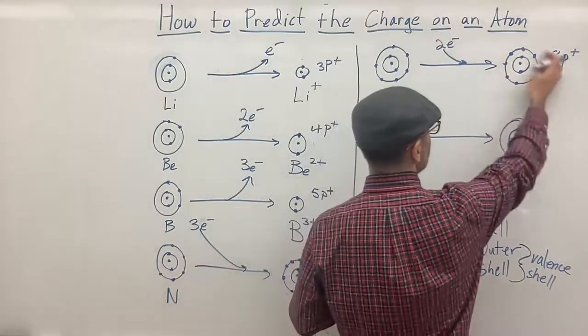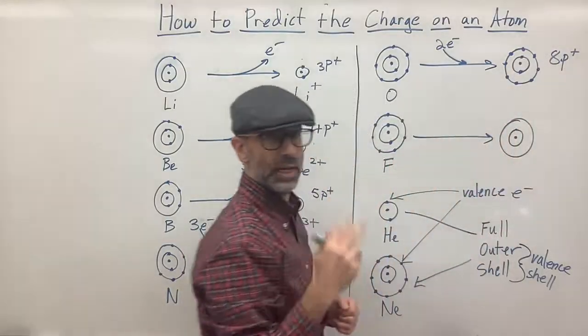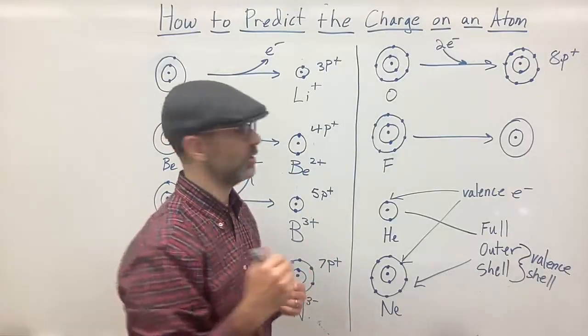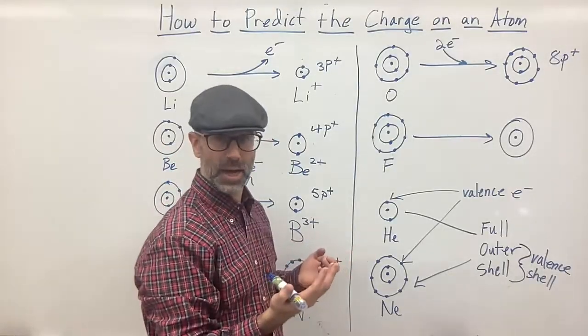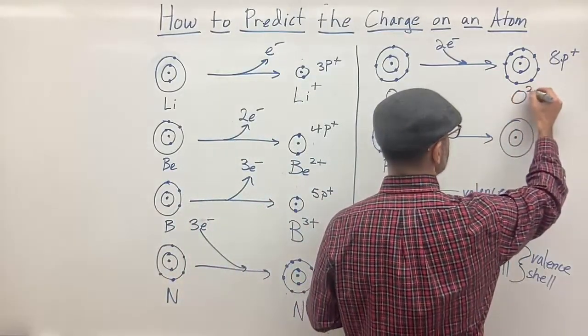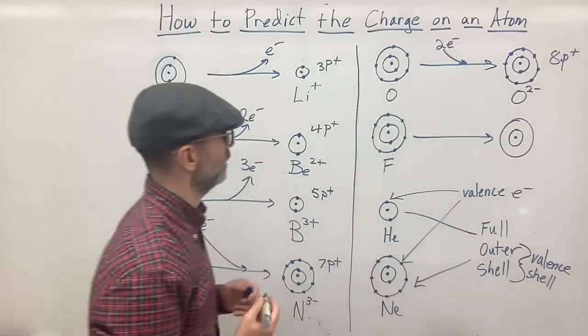And it has 10 electrons. So 2 electrons are not balanced out. So we have 2 negative charges that are not balanced by the positive protons. And so that means that oxygen has a 2 negative charge on it.